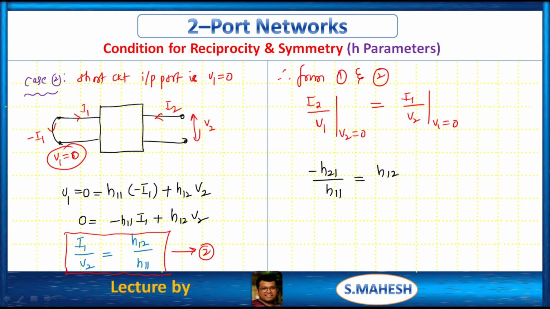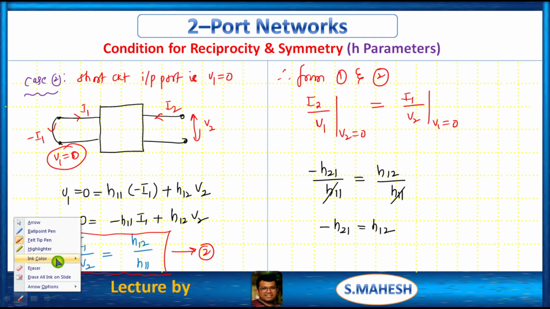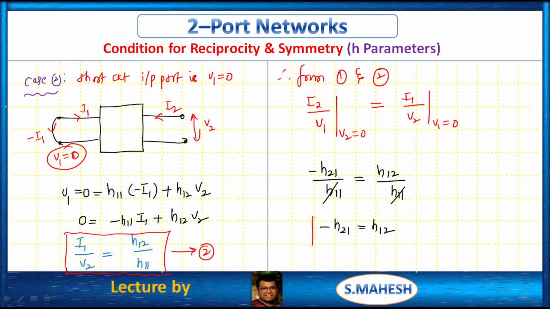In this case we have minus H21 by H11, which equals H12 by H11. H11 gets cancelled. Therefore, minus H21 = H12. That's it. This is the reciprocity condition in the case of hybrid parameters.